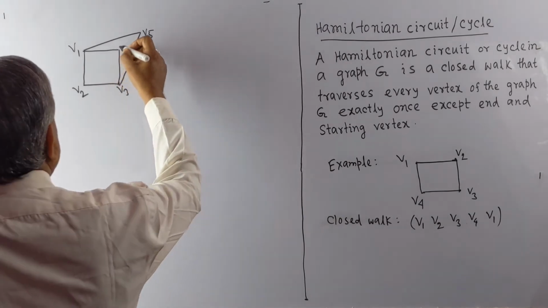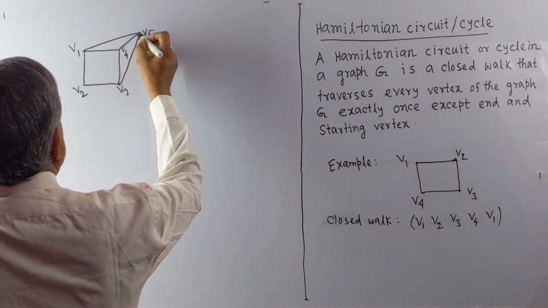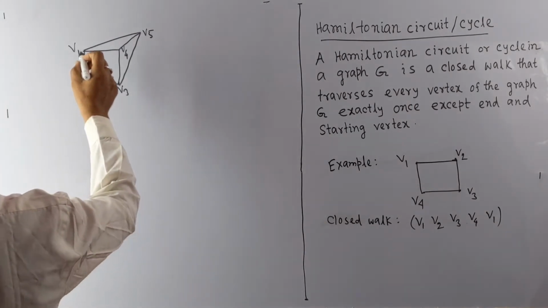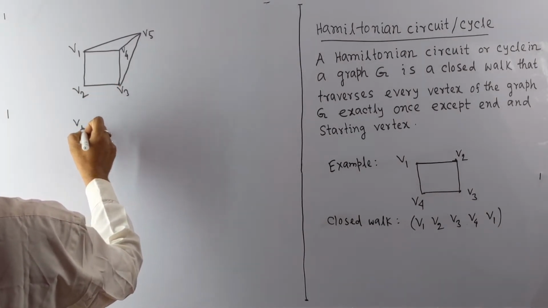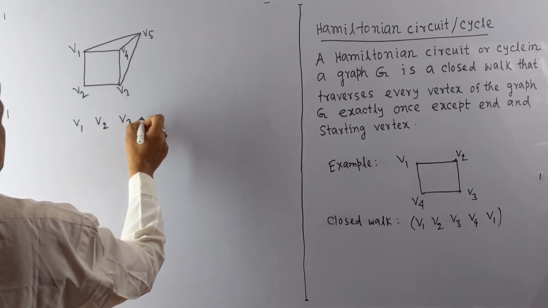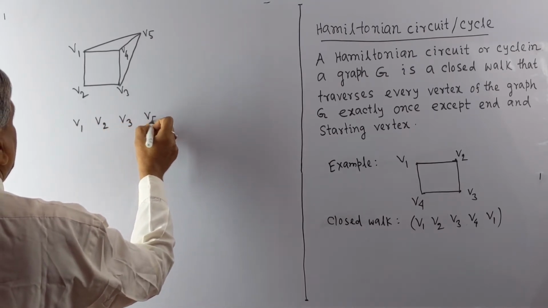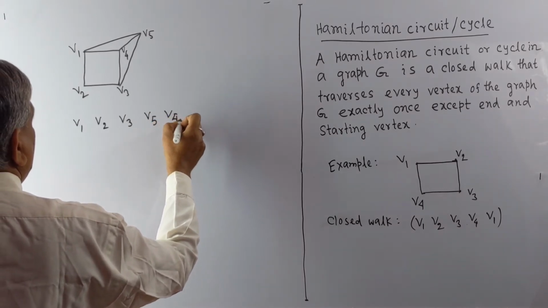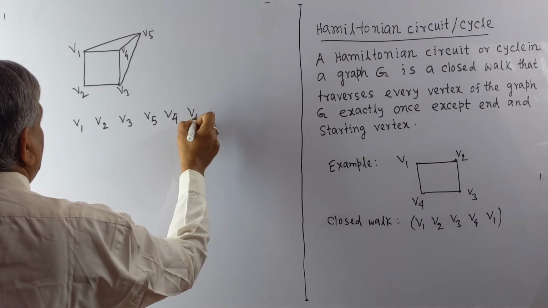If we join V4 and V5 by an edge, then we walk through V1, V2, V3, V5, V4 and V1.